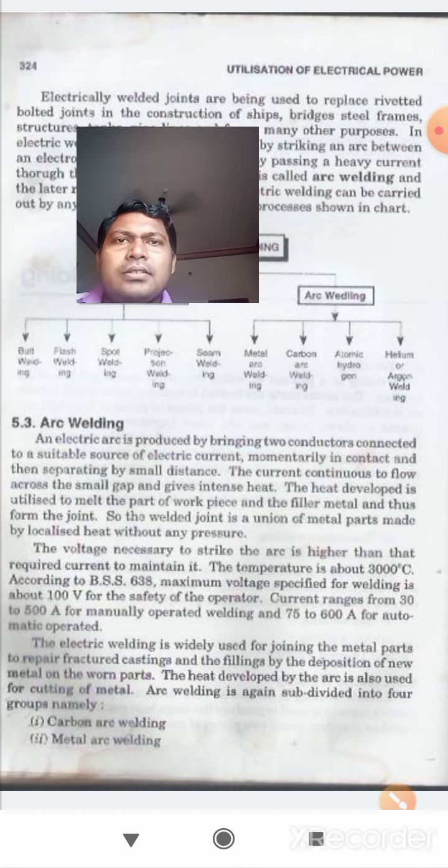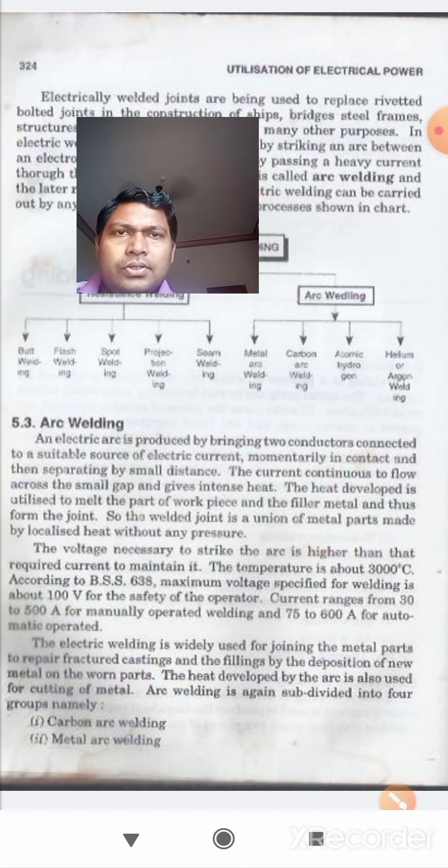Now we will discuss arc welding, which is inside your course, and we will discuss its working also. Here I will just read out the things which are essential, and I will make you understand. An electric arc is formed by bringing two conductors connected to a suitable source of electric current momentarily in contact and then separating them by a small distance.